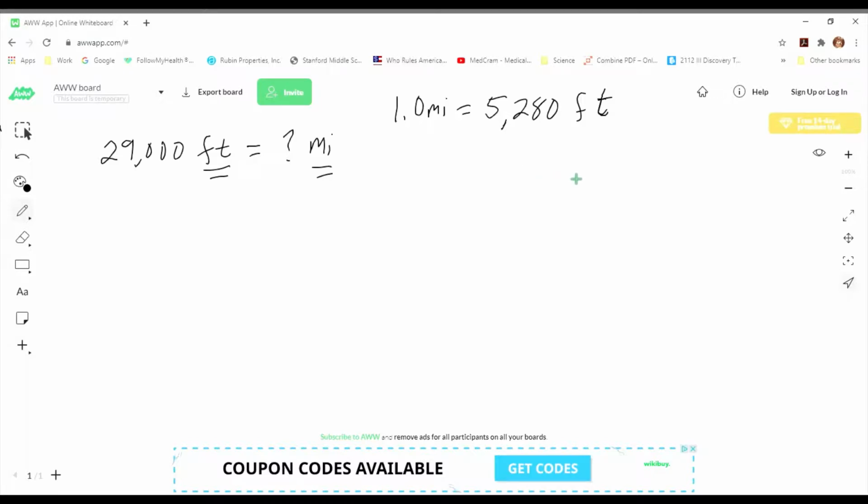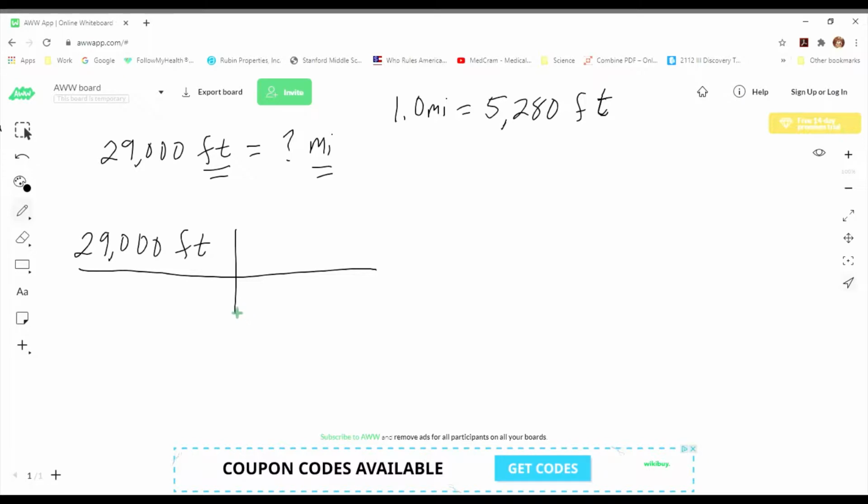The metric units, as we're going to see later on, I'm going to expect you to be able to know the relationship between the metric units. So here's how we do it. This is our given. We're going to take our given, 29,000 feet, and we're going to convert them into miles.